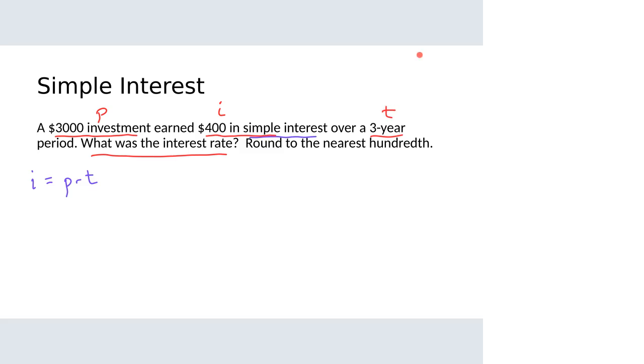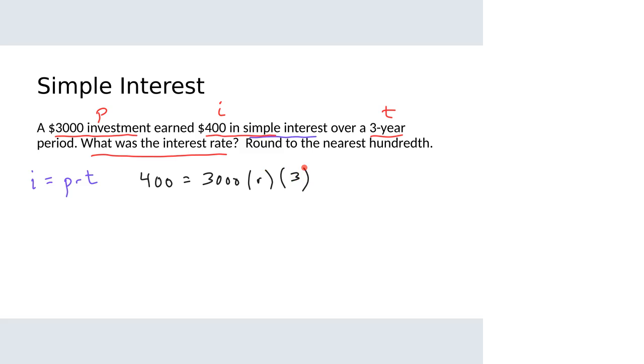So in this problem, I know P, I know T, and I'm looking for R. Okay, well, we can do that. Let's plug these in and see how it goes. The amount of interest was $400. The principal was $3,000. R is the thing I'm looking for. I don't know what that is. And then T is 3 years.